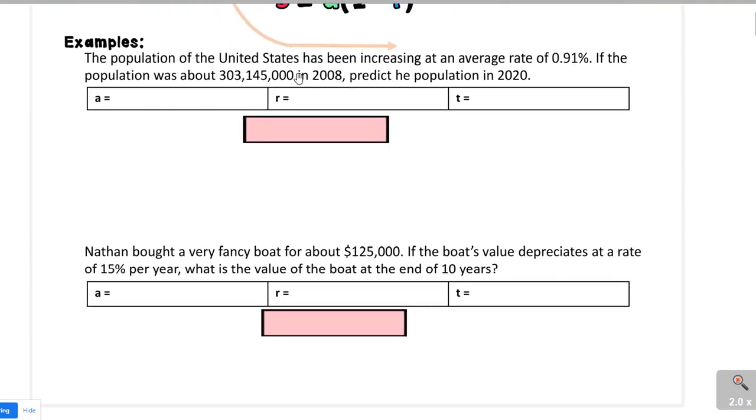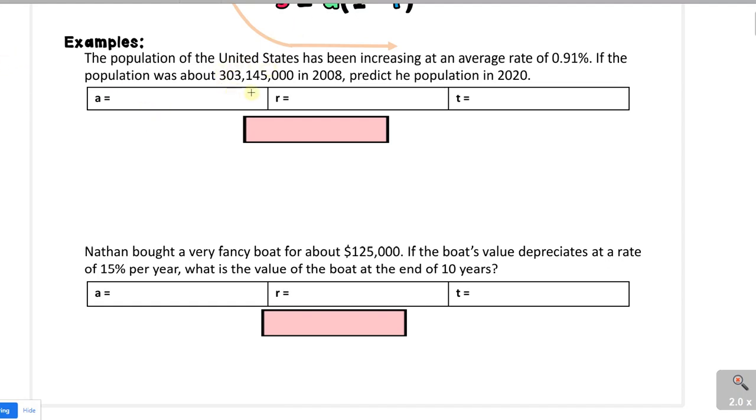The population of the United States has been increasing at an average rate of 0.91%. If the population was 303,145,000 in 2008, predict the population in 2020. So we need to know what our A is.